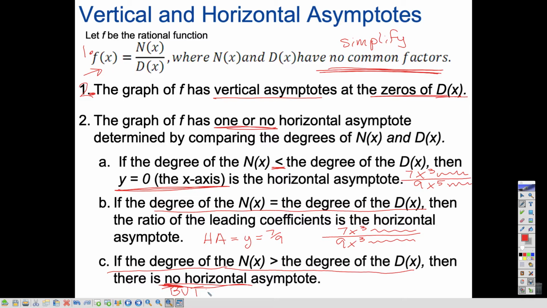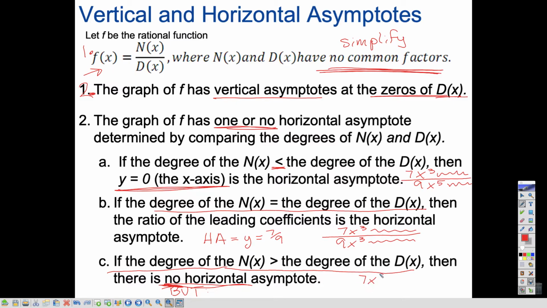We're going to fill that in a couple days. It's a "but if": if it's greater than by exactly 1.